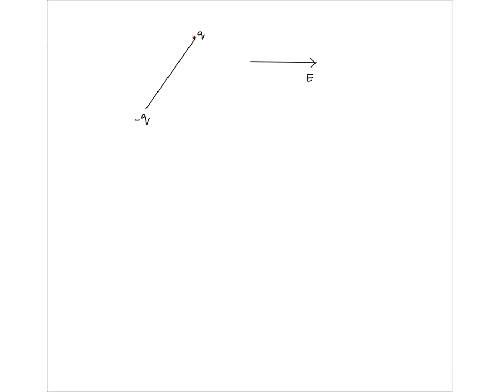Then this fellow will experience QE force on the right side. This fellow will experience QE force on the left side. If I write vector notation, I will have to use minus. Magnitude wise, just QE.